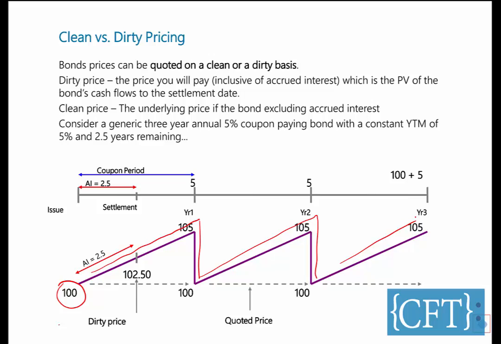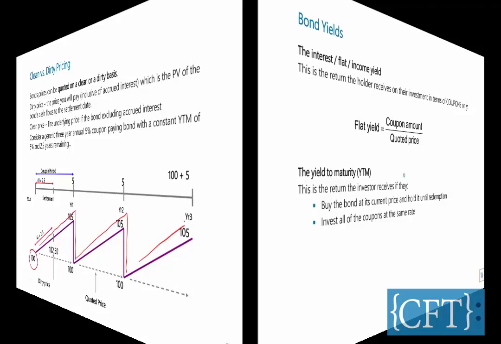So by stripping out the accrued interest and quoting just the clean price, we can see the actual movements of the bond's value. However, when it comes to the point where you need to buy or sell the bond, we need to work out the accrued interest and add that onto the value. This is very important because obviously if a bond is quoted clean and you buy it, then that isn't the price that you're going to end up paying, and you need to be aware of that.